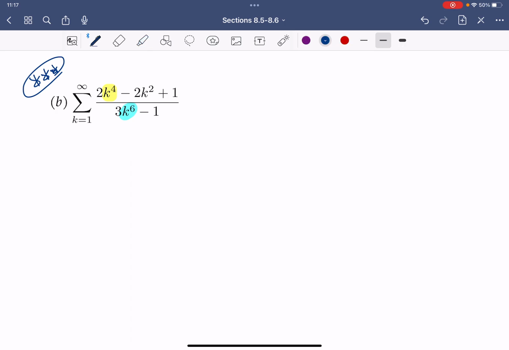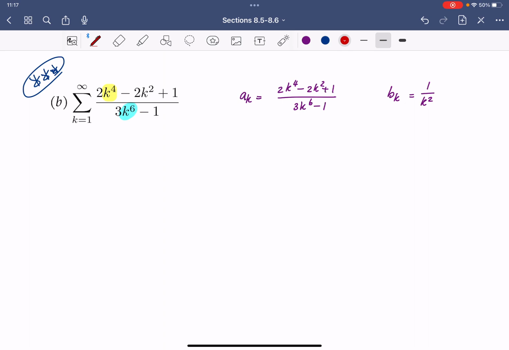So here we're going to let a_k be 2k to the 4th power minus 2k squared plus 1 over 3k to the 6th power minus 1. This is a subscript k, okay? And then we're going to pick b_k to be 1 over k squared. You're going to see in a minute why I pick 1 over k squared.